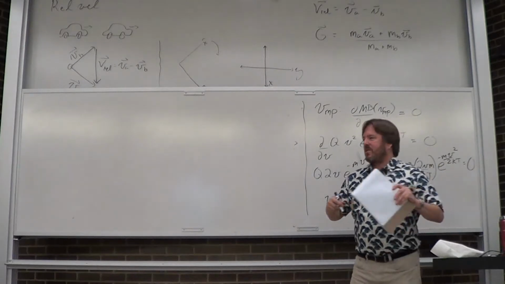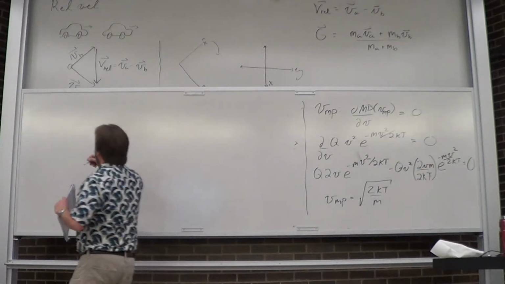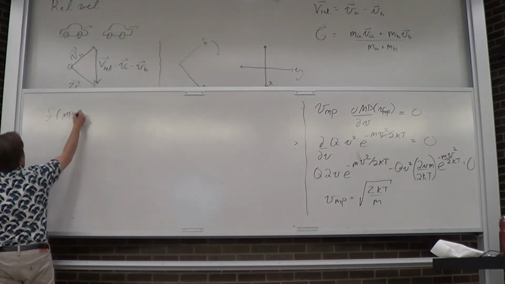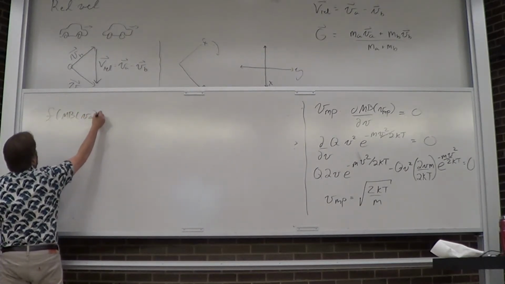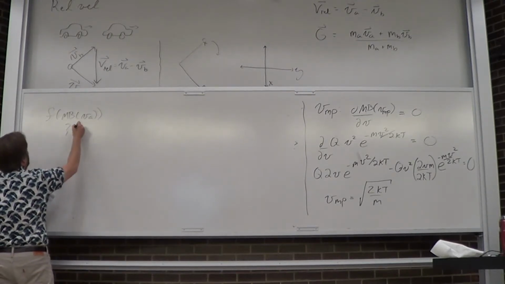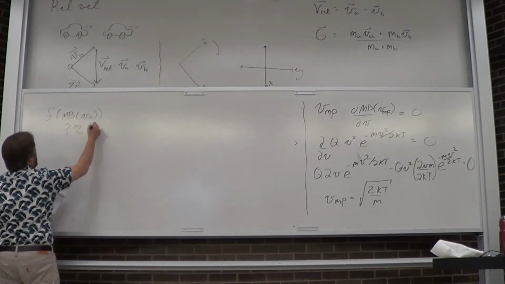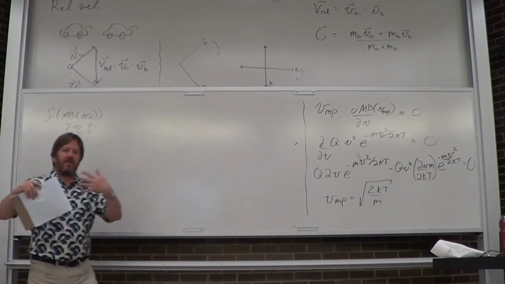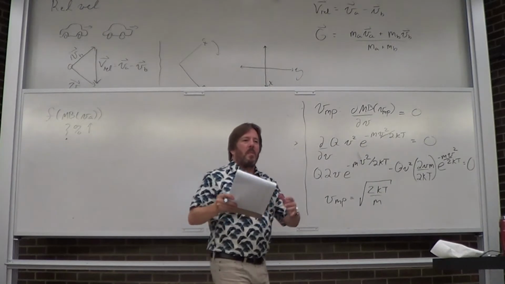To answer that question, let's say we do some manipulation of a Maxwell-Boltzmann factor in terms of A, and the question is, what's the percent probability of moving up? A lot of shorthand there, but I'm almost out of time.